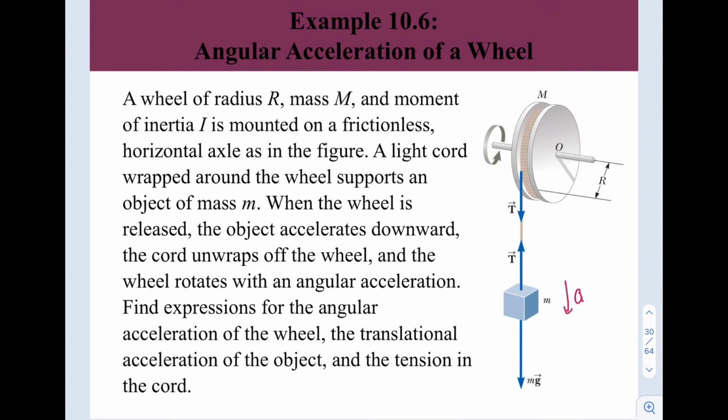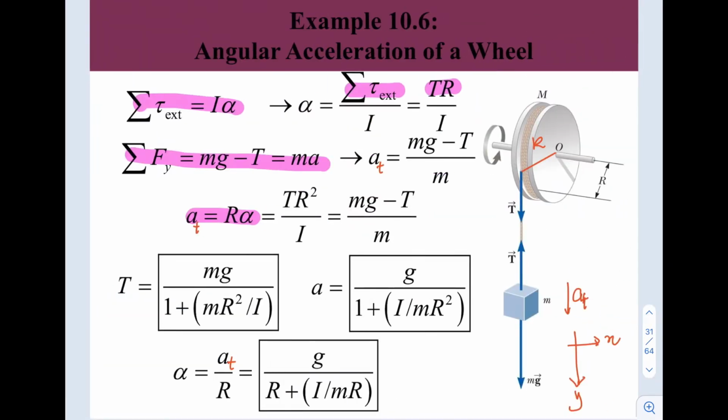The cord unwraps off the wheel and the wheel rotates with an angular acceleration. So the wheel is going to experience alpha. Find the expression for the angular acceleration of the wheel, the translational acceleration of the object, and the tension in the cord.